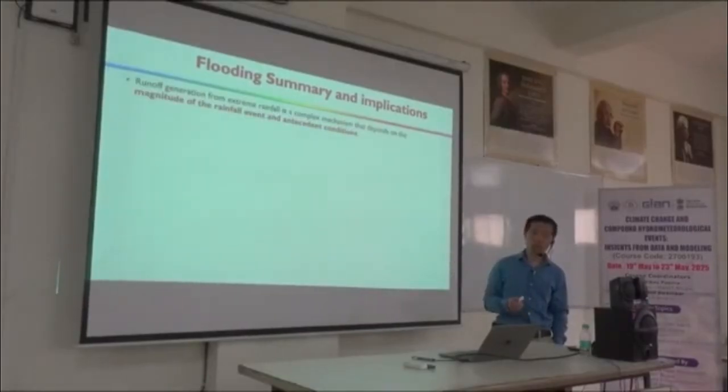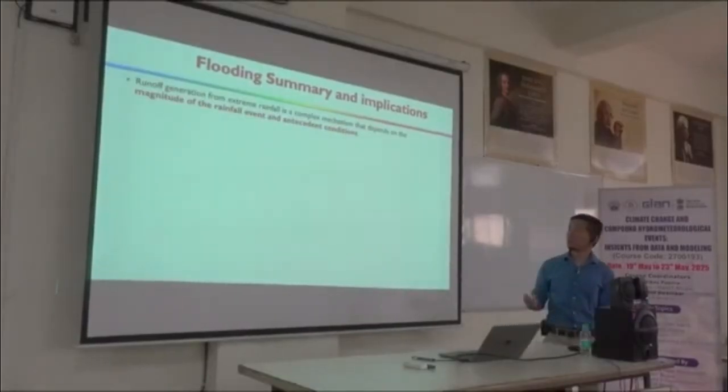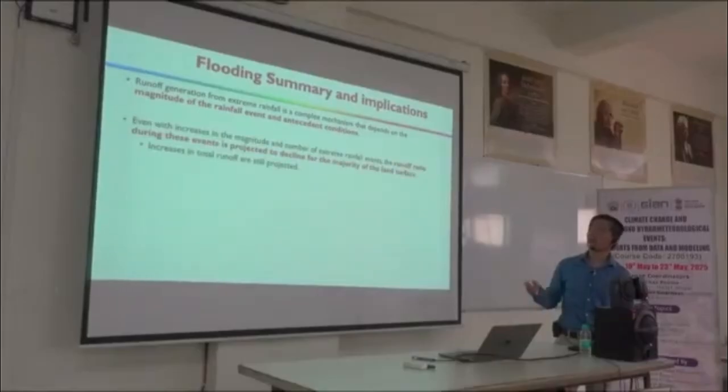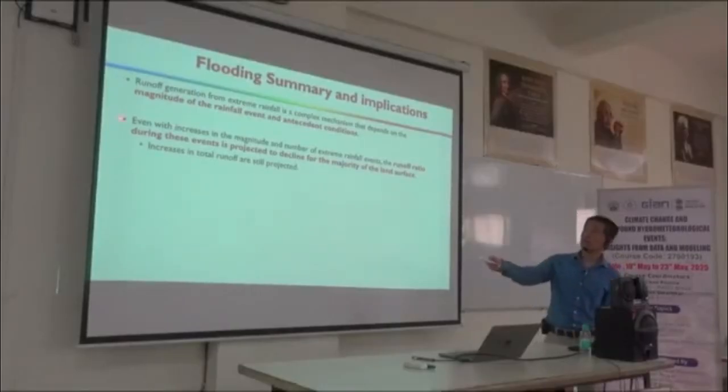So just a quick summary of what we talked about in the flooding part. What we show here is that runoff generation from extreme rainfall is complex. It depends on the rainfall itself, but also on the previous condition of the soil. If you have a drier soil, you may not have flooding events. If a wetter soil, you very likely have flooding events after extreme rainfall.